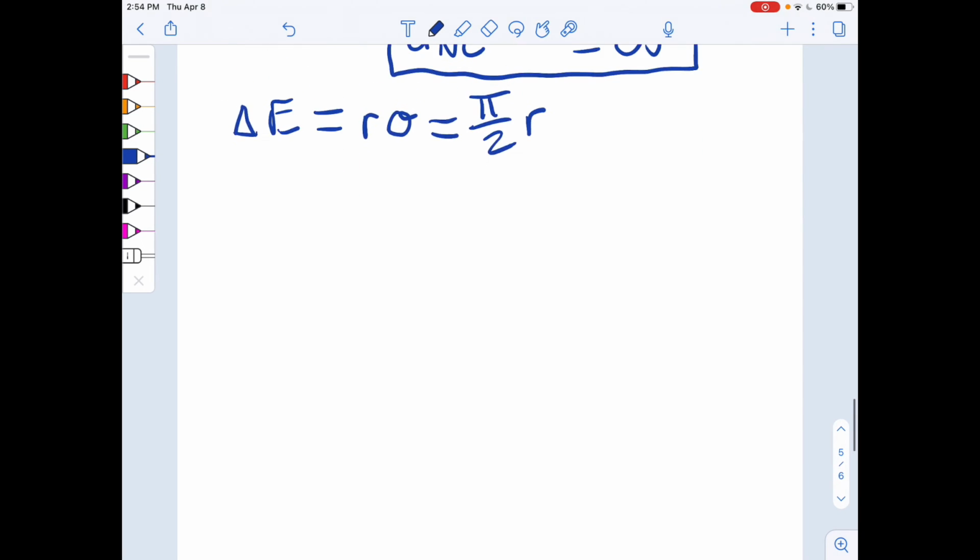Then we can also define our velocities in terms of theta dot and the distance that they're going to move.